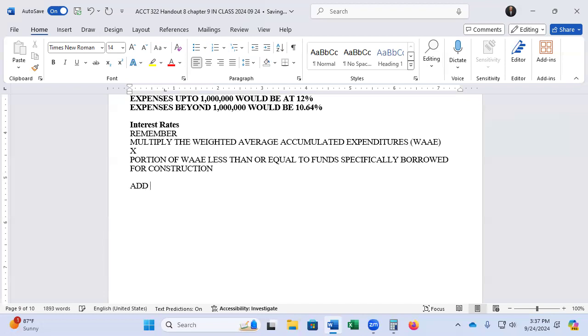And then you would add that to the portion of weighted average accumulated expenditures that exceeds the specific funds borrowed for construction.